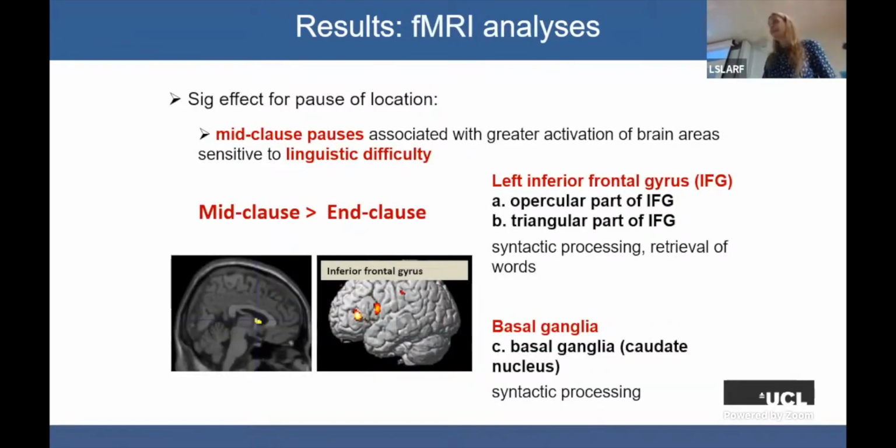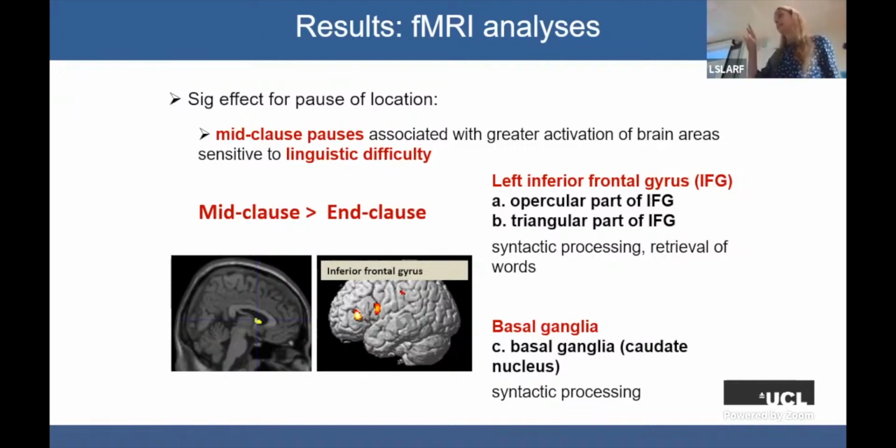So what did we find in the fMRI analysis? We found a significant effect for pause locations. And we did indeed find that mid-clause pauses were associated with greater activation in areas which are sensitive to linguistic encoding and linguistic difficulty. These are the left inferior frontal gyrus, in particular the opercular and triangular areas.